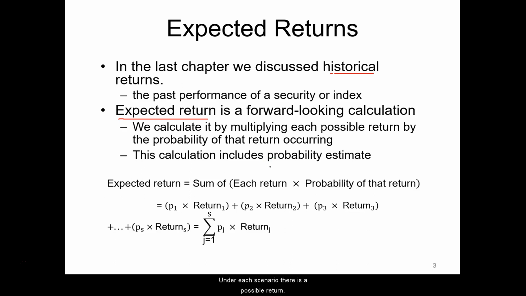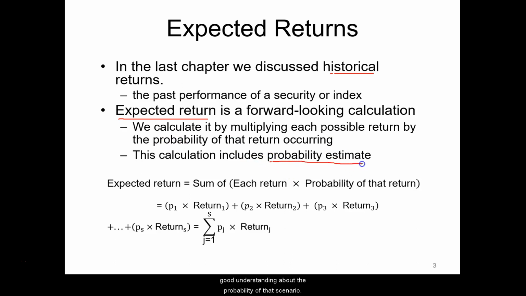Under each scenario, there is a possible return. We can try to calculate the expected return as the average of the different returns in each scenario, weighted by the probability of that scenario happening. And of course, that requires us to have a good understanding about the probability of that scenario.